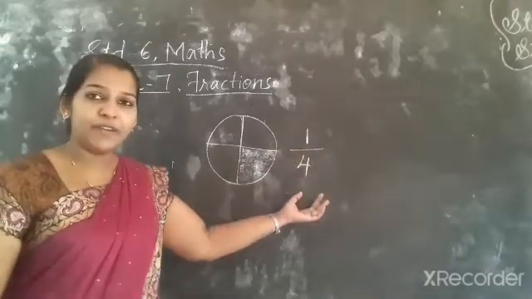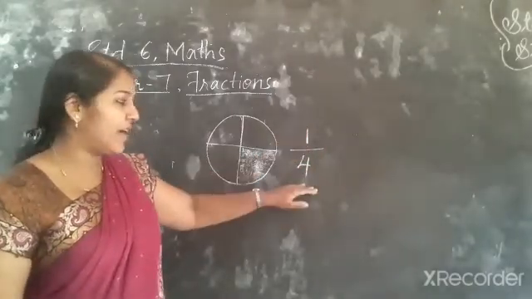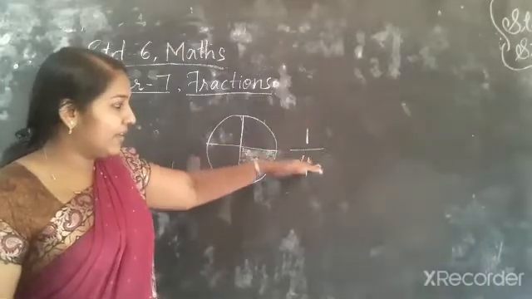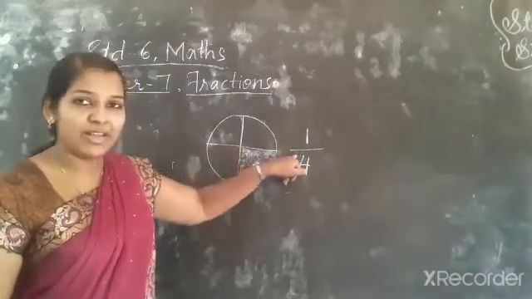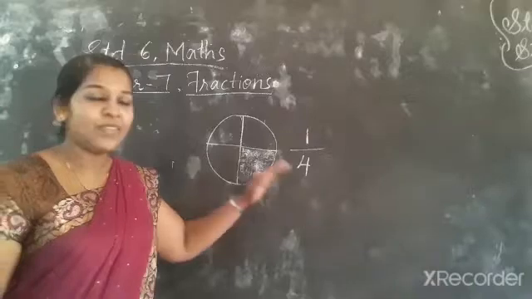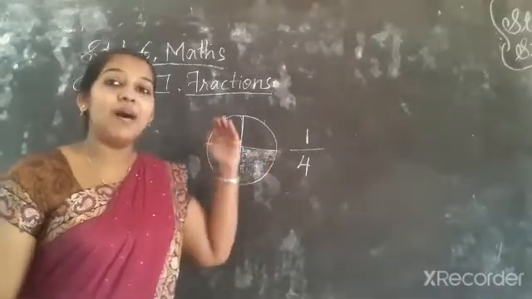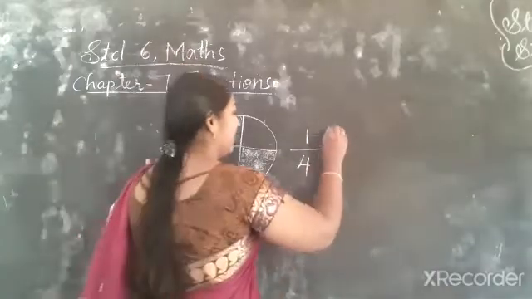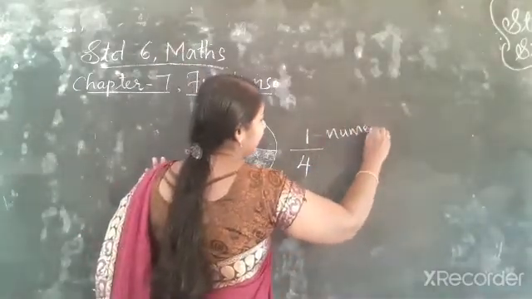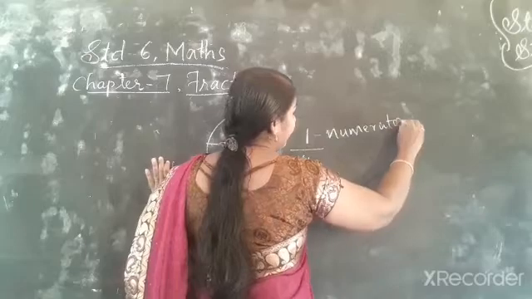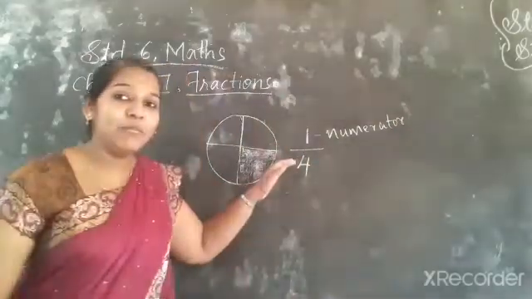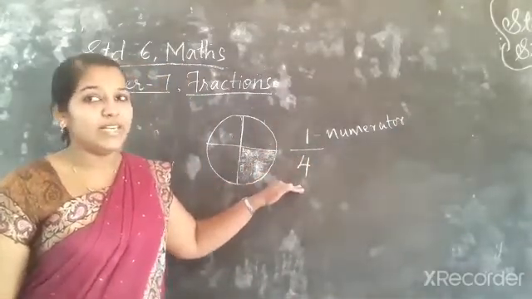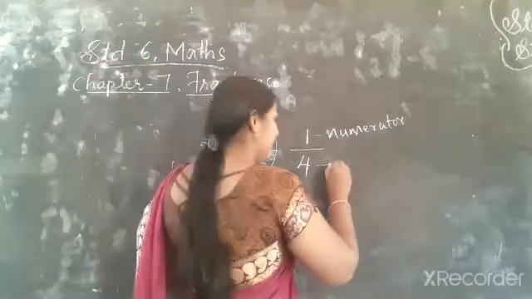And we know in a fraction there are two parts, isn't it? There is a part above a small line and a part below the line. The number which comes above the line is called the numerator. And the number which comes below the line is called the denominator.